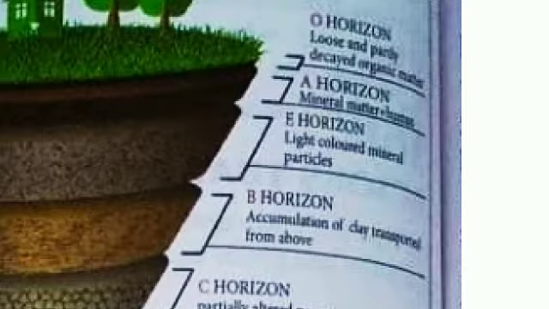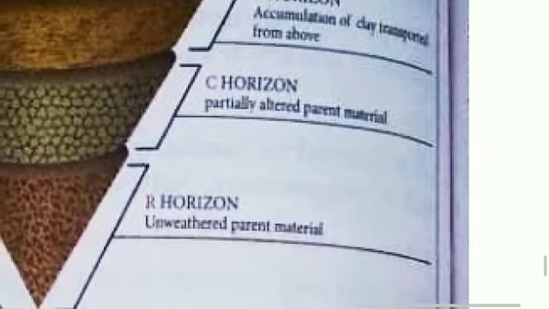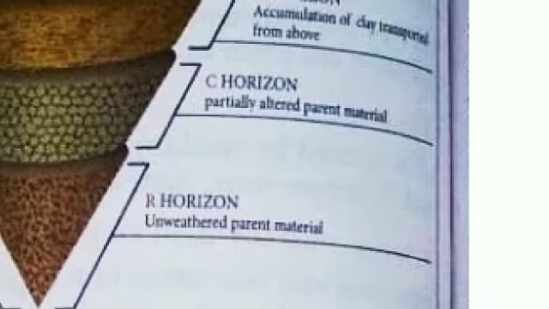Next is the E horizon, light colored mineral particles. B horizon, accumulation of material from above. C horizon, partially weathered parent material. And the last one is the R horizon, unweathered parent material.